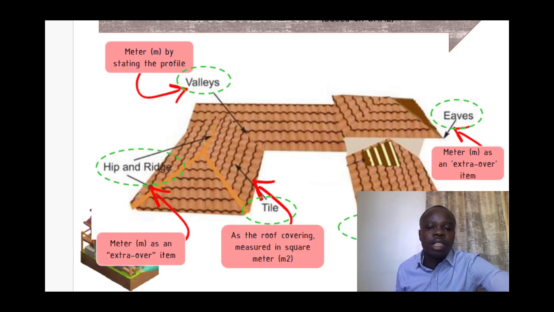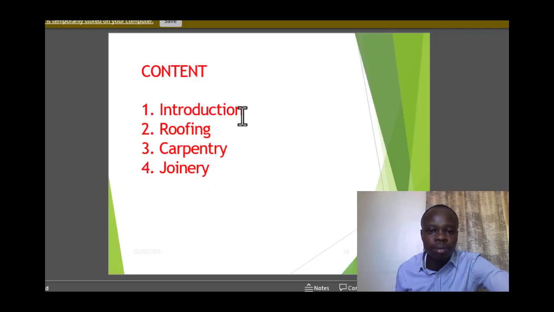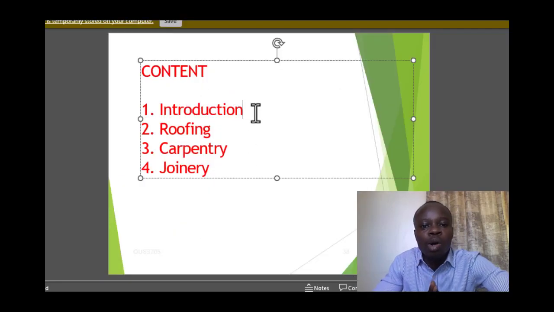So today, let's go through the content that I would like us to cover for our session. We want to go about a brief introduction, which is already done, basically roofing, then we go to carpentry, and we also see what we have in the joinery.